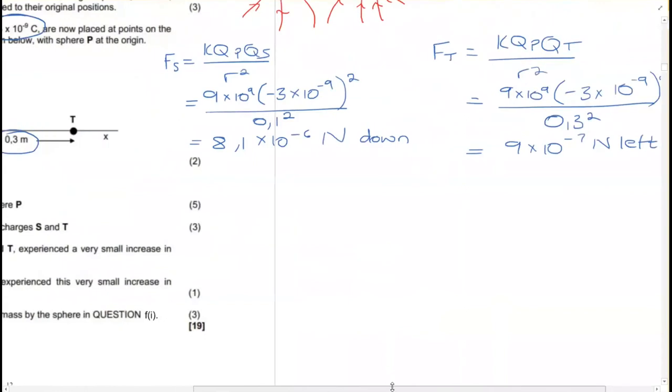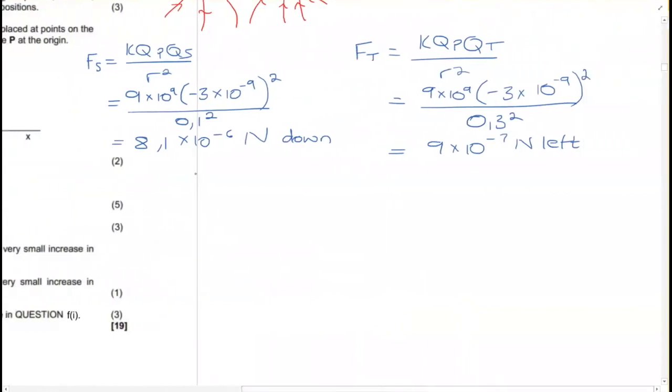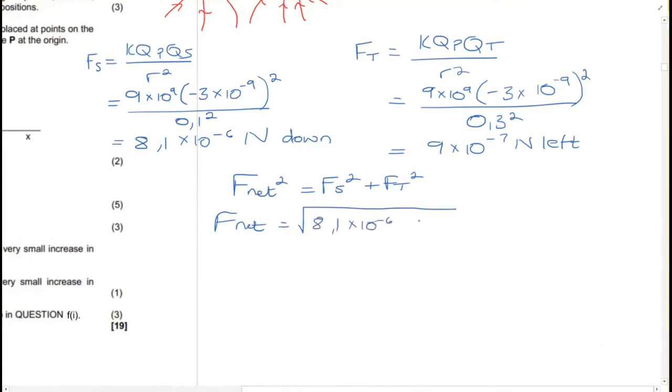So where do we go from now? We've got to get the resultants. So we're going to use Pythagoras. The net force squared is going to equal the force of S squared plus the force of T squared. So our net force is going to be the square root of (8.1 times 10 to the minus 6) squared plus (9 times 10 to the minus 7) squared, giving you 8.15 times 10 to the minus 6 newtons.